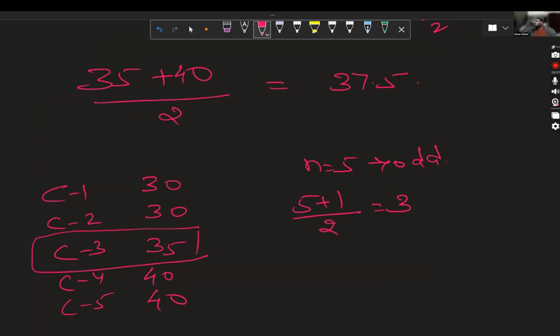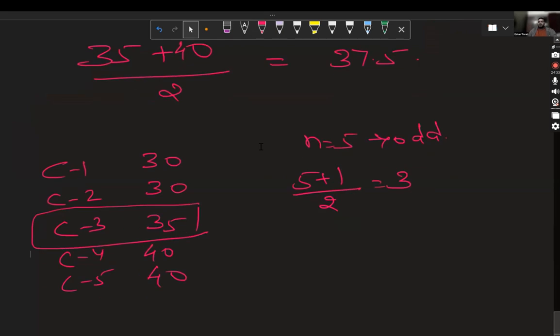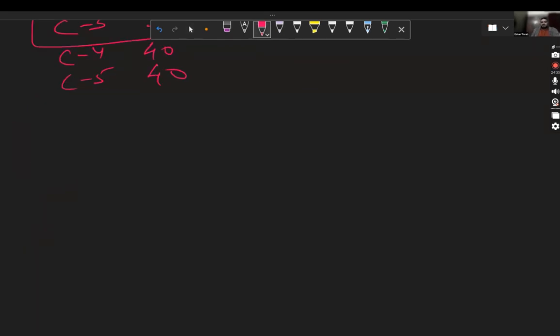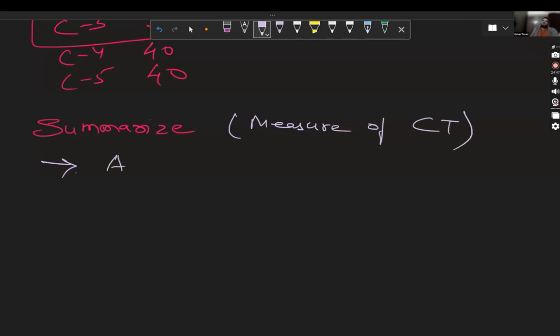I hope you are able to follow when to go for median. Let me just summarize it again. Whenever you have to calculate a measure of central tendency, always start with mean.